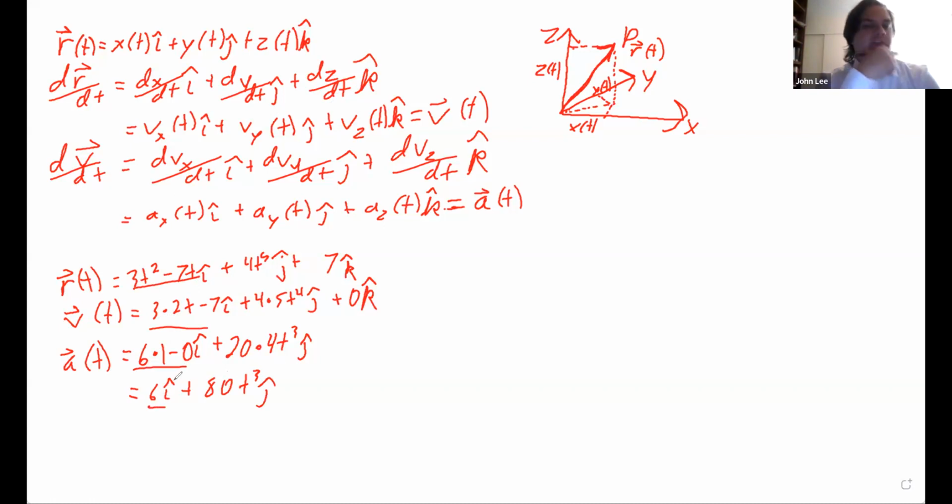So you take the derivative in all the i directions, you take the derivative in all the j directions, and you take the derivative in the k direction. So the k gets knocked out immediately as you go to velocity, but the i and j directions still have some components left when you get to acceleration, when you take the double derivative of position.